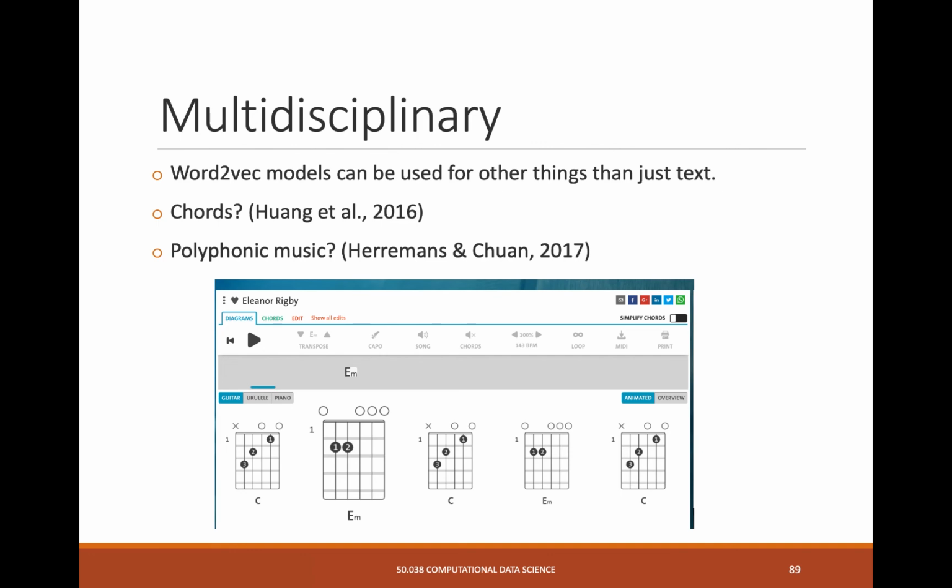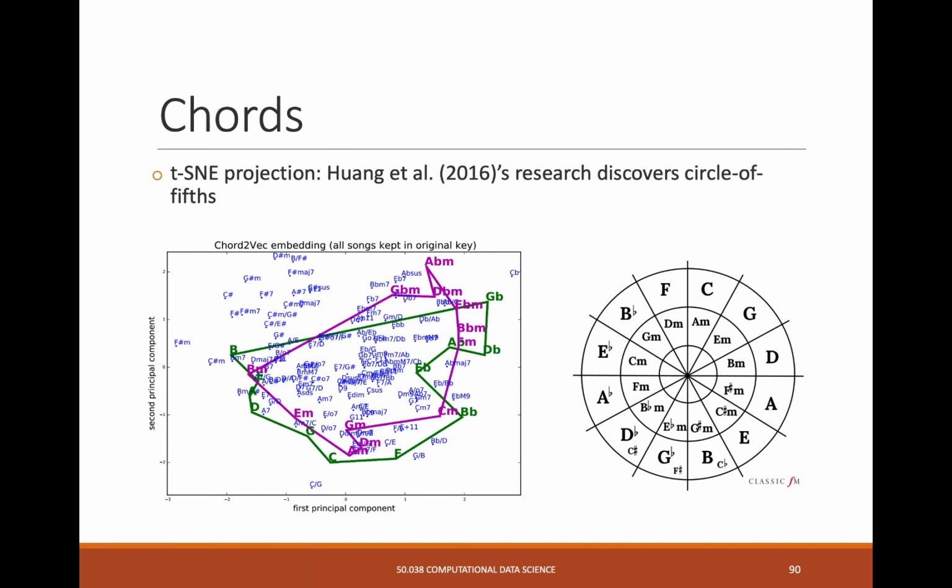She's very cool. So Anna Huang proposed that chords might be represented in a Word2Vec model. The cool thing is that once she created this word embedding model for chords based solely on their co-occurrence, she just fed the model songs represented by chord sequences, and she found that in this embedding space, we find something called the circle of fifths.